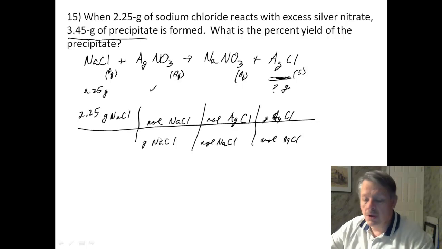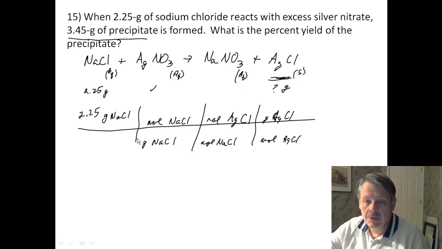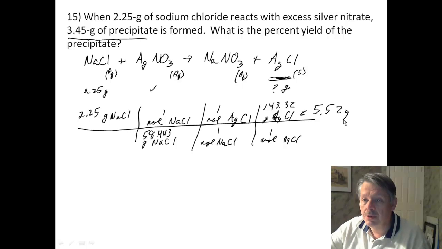So we have to figure out how much sodium chloride weighs, and that's 22.99 plus 35.453, so that is 58.443 grams in 1 mole. And we have 1 and 1 because our ratios are all 1 to 1. And our silver chloride, that's a heavier one, that's 143.32 grams. This is going to give us 5.52 grams of AgCl, silver chloride.